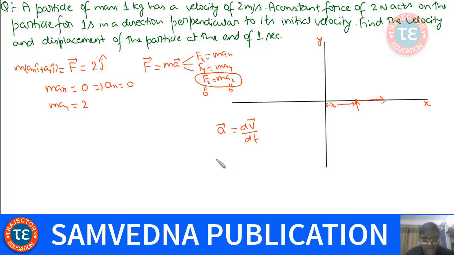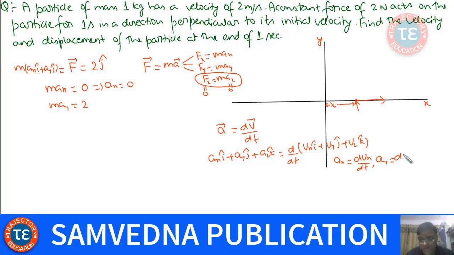And see, when I say acceleration is dv by dt, if I write this acceleration component wise, a is ax i, ay j and az k, and v is vx i, vy j and vz k. So that means ax is dvx by dt, ay is dvy by dt, and az is dvz by dt.